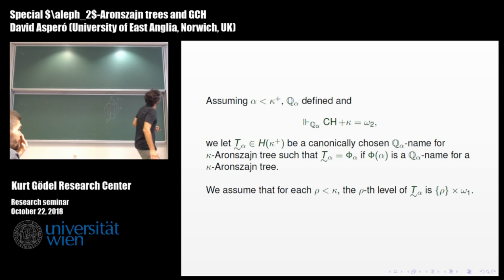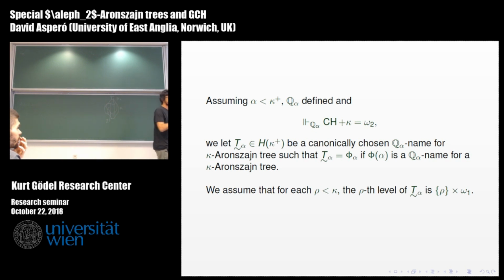Right. Now, assuming that I have alpha less than kappa plus, and the Q alpha has been defined, and this forcing satisfies CH and kappa is all of 2, so in particular I have all of kappa Aronszajn trees, then I just fix T alpha in H kappa plus to be a canonically chosen Q alpha name for a kappa Aronszajn tree, which happens to be phi of alpha if phi of alpha happens to be a Q alpha name for a kappa Aronszajn tree, right?